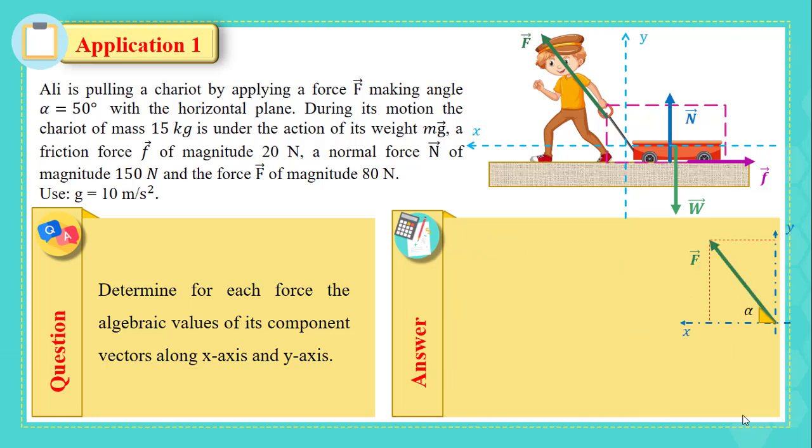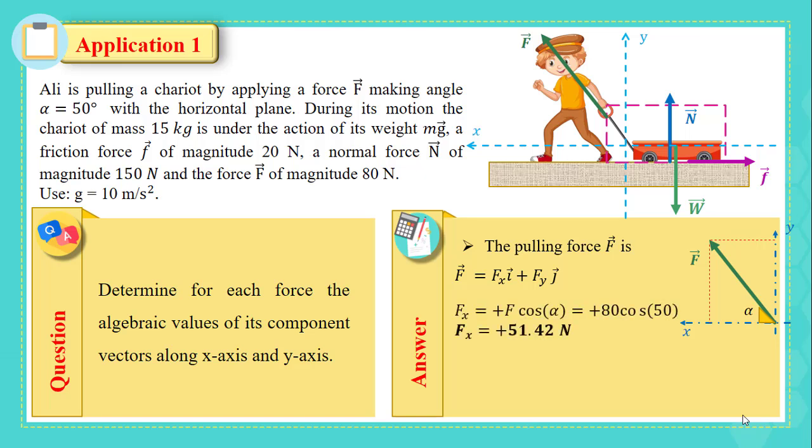To determine the components of F, let's make a small diagram for F only. The pulling force F is an oblique force where it has two components. It is written as F is equal to Fx i plus Fy j. To find the x component, we have to find the projection on the x-axis.